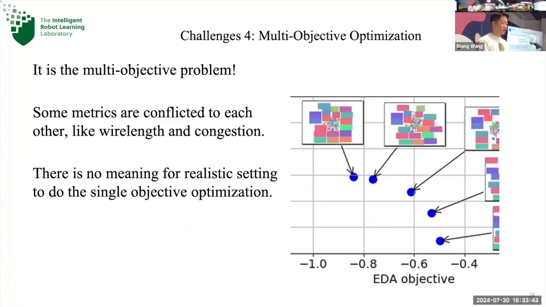In reality, human engineers require the floorplan to reach a certain performance in wirelength, meanwhile reaching a certain performance in congestion, and also consuming only a certain amount of power and taking a certain amount of cell area, etc. There are so many metrics and so many performance targets they need to achieve. So there is no meaning in the realistic setting to do single-objective optimization.